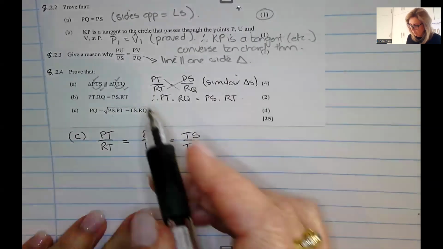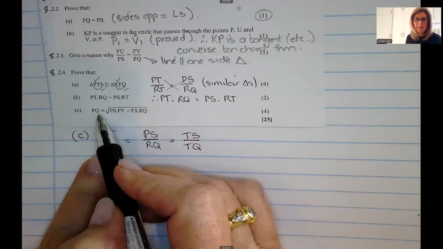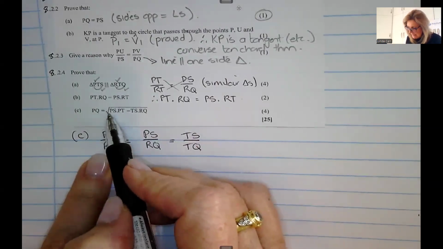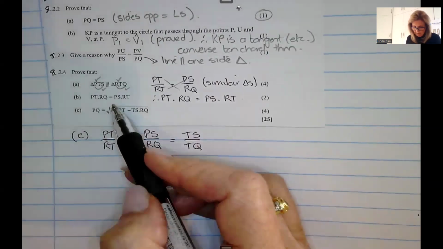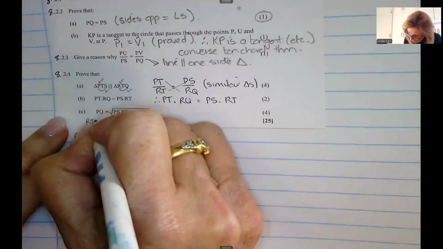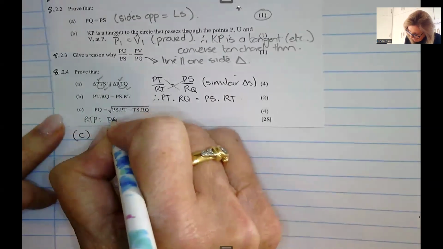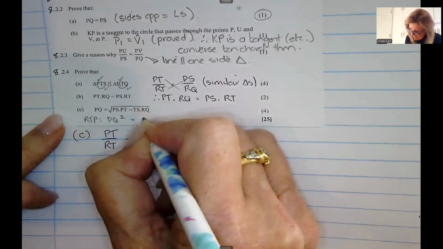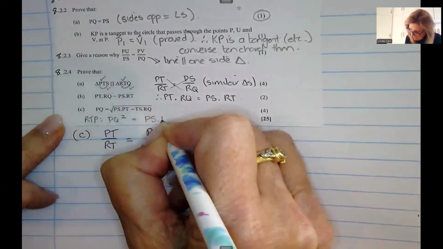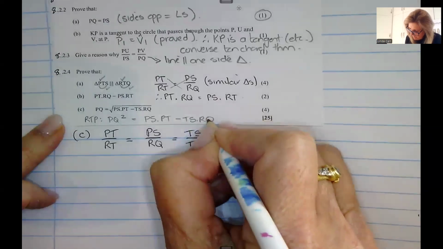So what I tried to do is I tried to reinterpret it for myself and said, if I didn't have the square root sign, then what I am required to prove is PQ squared equals PS times PT minus TS times RQ.